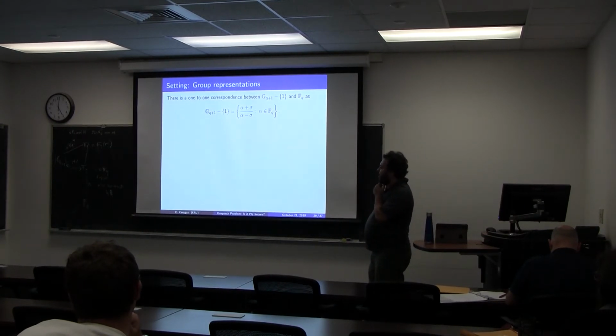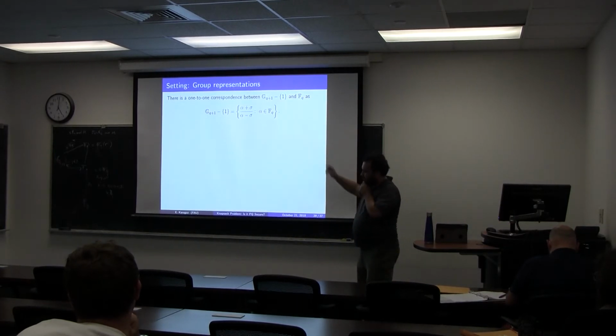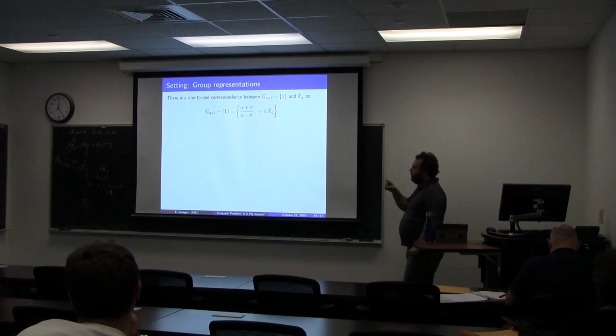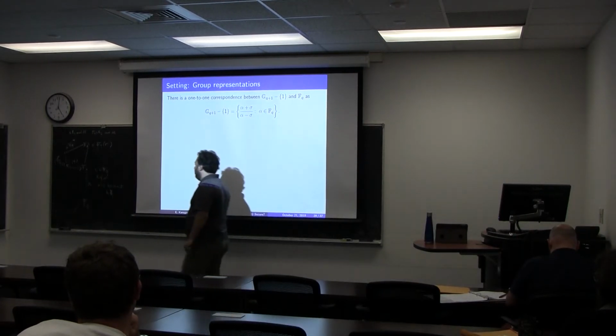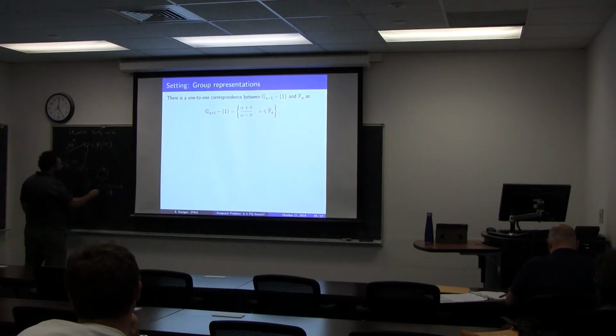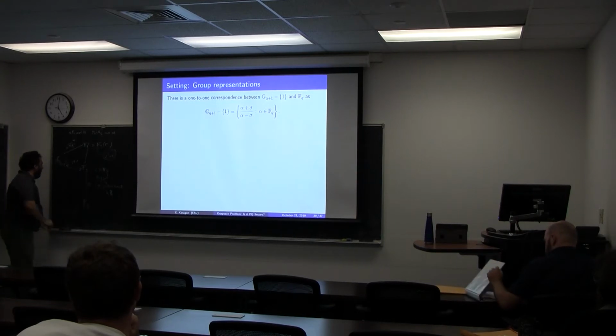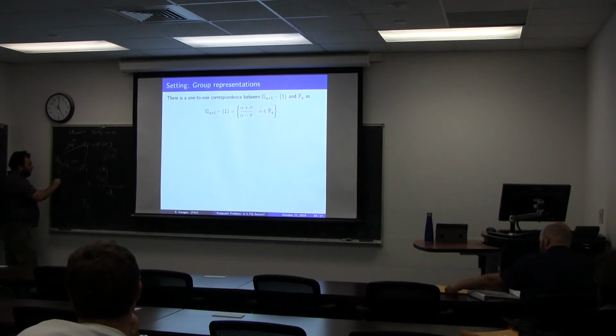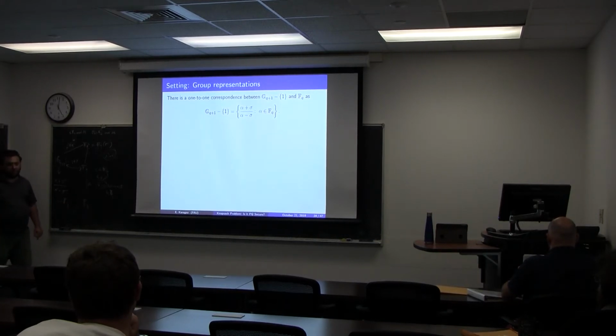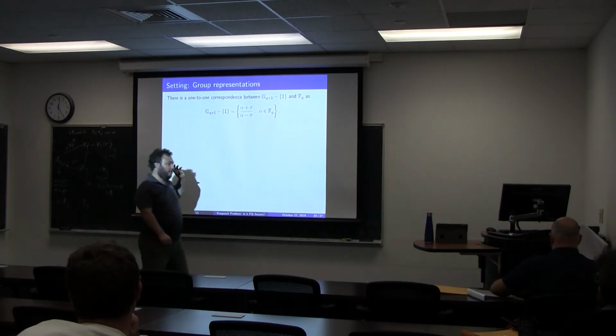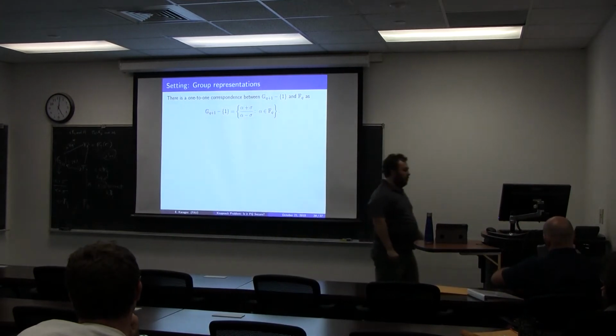And you can represent each non-identity element of this group by an element of F_q: alpha plus sigma over alpha minus sigma. Remember, this sigma is the root of x squared minus c, so sigma squared is actually c. Any element here is represented by alpha plus sigma over alpha minus sigma, where this alpha belongs to F_q. So you can represent the elements of G by using the F_q elements.